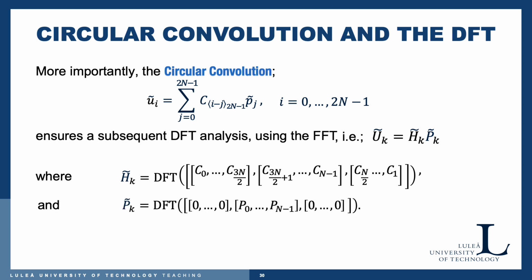And the reason for doing that subdivision is that we extend the pressure in this way. So we have n half zeros in the beginning, we have the n values of P, and then we have another n half values of zeros to form our extended pressure.